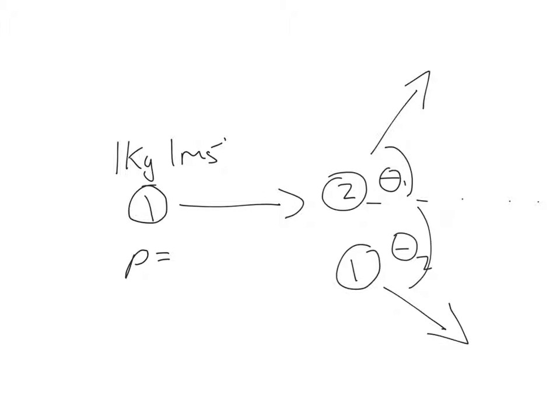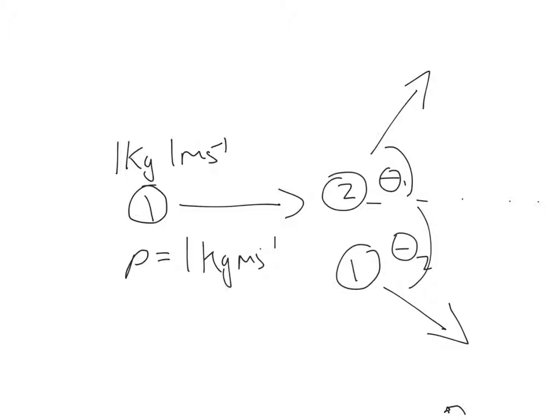So the total momentum of the entire situation is going to be 1 kilogram meters per second, quite simply because ball number 2 is not moving, hence it has no velocity, hence no momentum. If we add the momentum in both situations up, we'll get a total momentum of 1 kilogram meters per second, which we're going to assign as a positive value.